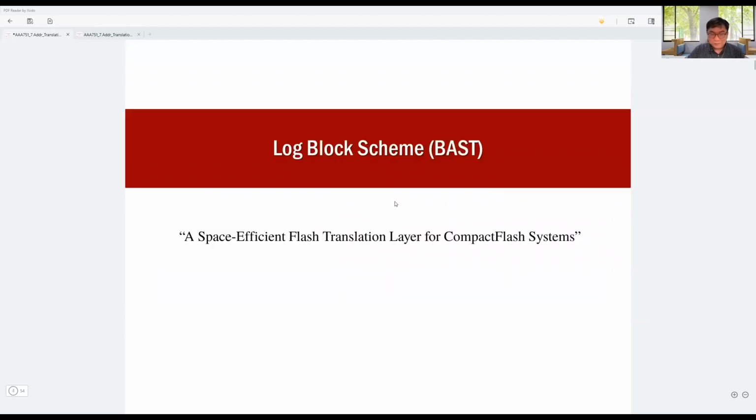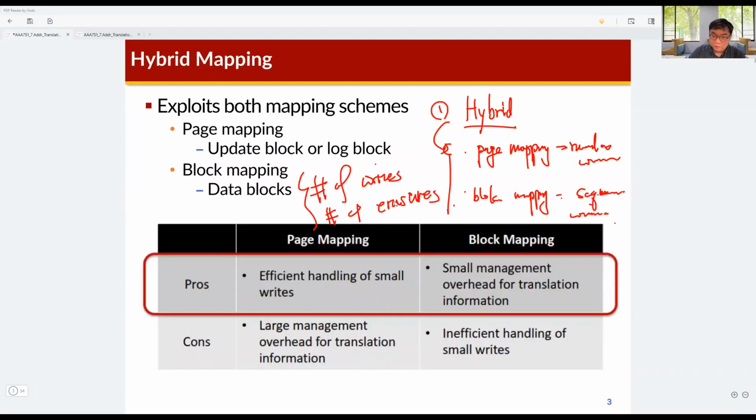So in the previous class we learned about the log block scheme, and the pros and cons of page mapping and block mapping mechanisms. I said that one solution will have pros and cons. If a solution has only advantages, then it's not a real solution.